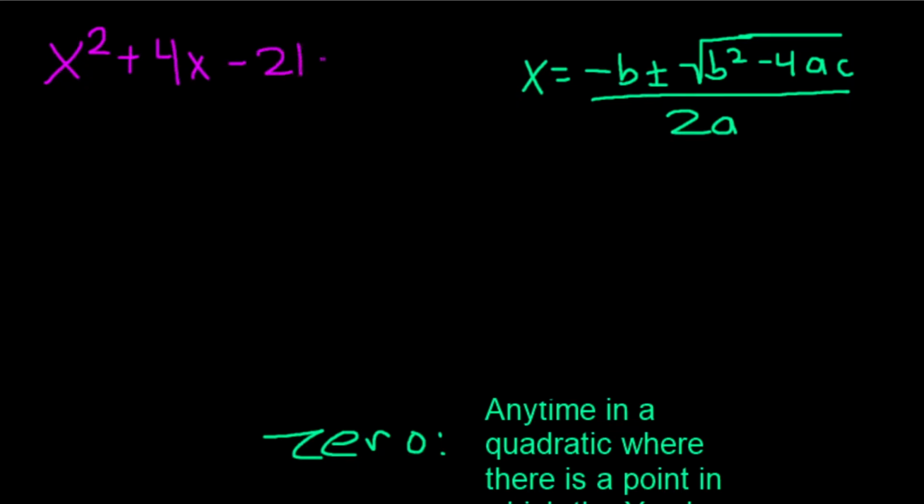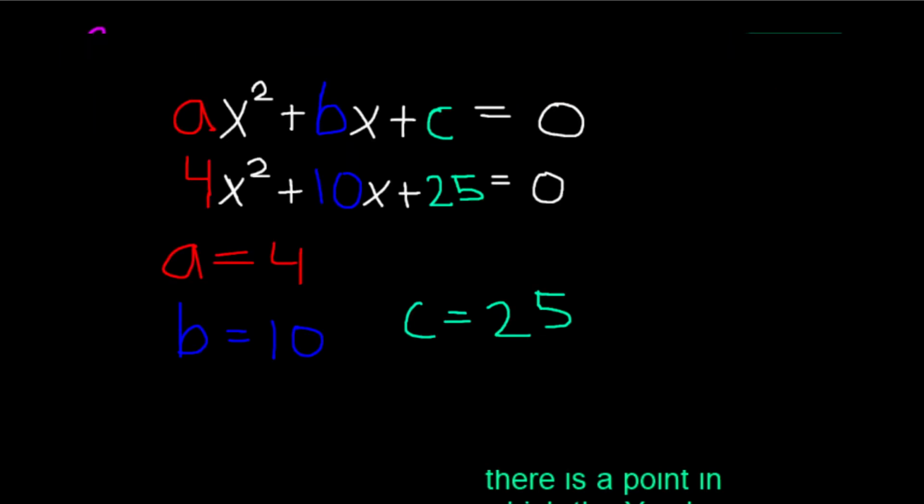Alright, so for an example, x squared plus 4x minus 21 is equal to 0. You may be wondering how you can go from this quadratic into solving for x right away. The first thing you need to do is find out what a, b, and c are in your quadratic.